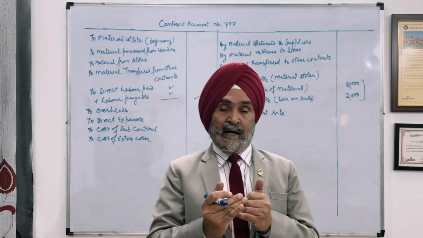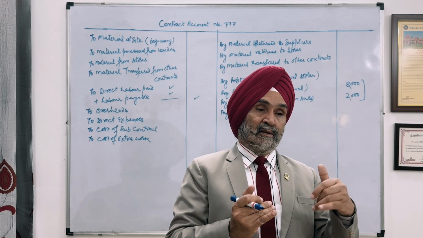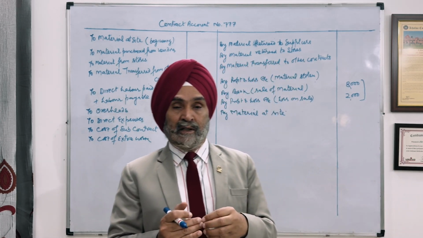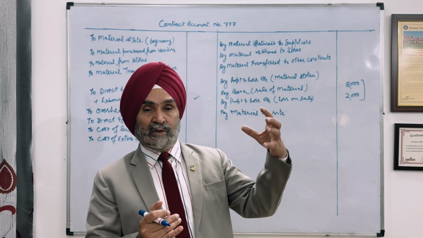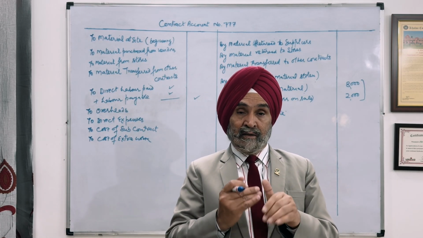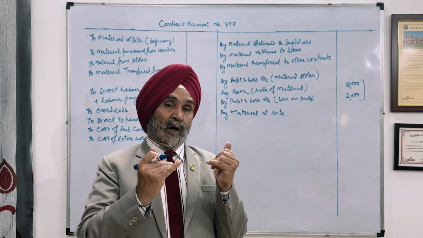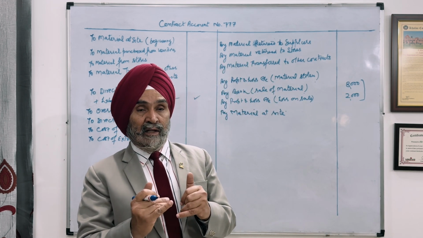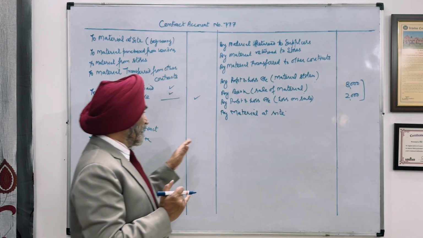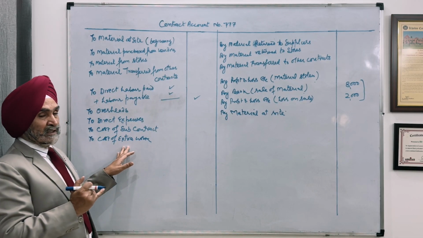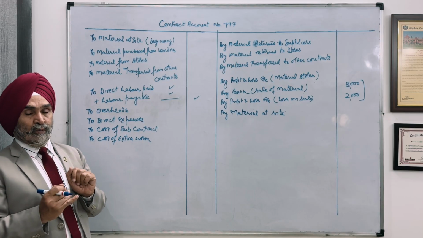Work may be enhanced: an annex is to be prepared, a cycle shed is to be prepared, a scooter shed is to be prepared, which was not there in the original work. Whatever the cost of extra work is, that will also be debited.